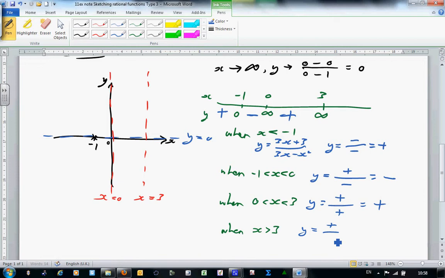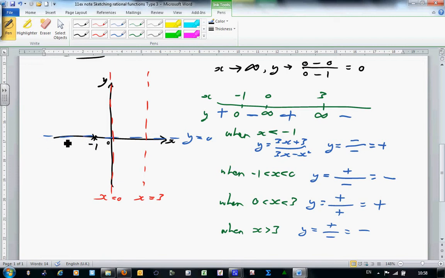To the left of our graph, we've got an intercept here. It's going to go from positive down through to negative, but this is also an asymptote. So what it looks like is we're going to have something like this. Let me find another colour. Let's go with the purple, and let's make it a little bit thicker to see what we can get.